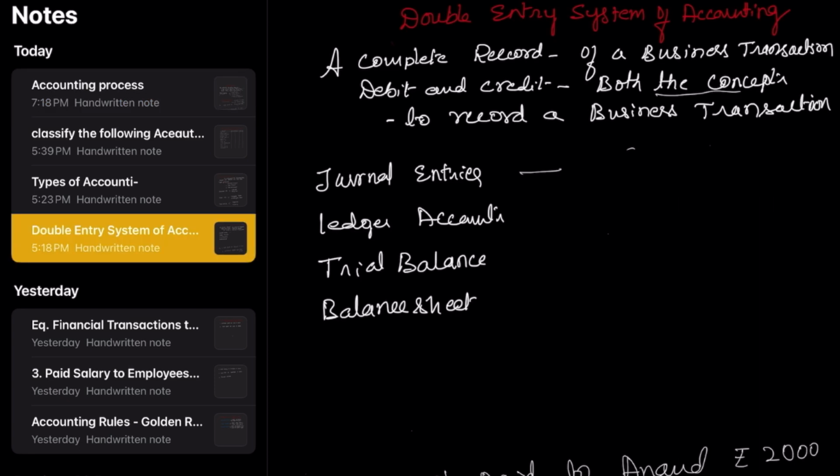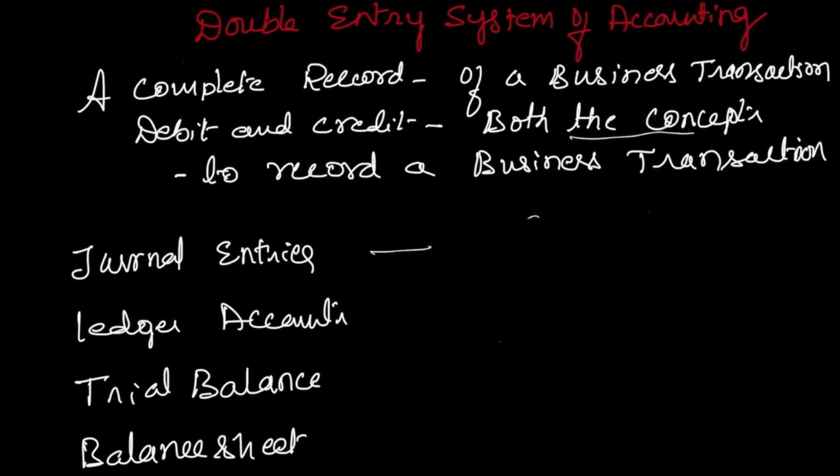What is the double entry system of accounting? A double entry system of accounting is a complete record of business transactions where you consider the debit as well as the credit concept. Both concepts, that's what we call the dual concept. As we know, each business transaction contains two accounts.